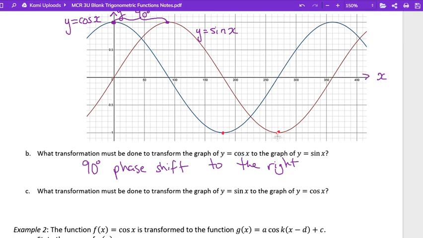And I'm going to say, okay, this one wants to go there. It wants to shift over there. How much is that? Well, what do we know it is? It's definitely 90. So it's a 90-degree phase shift to the left.